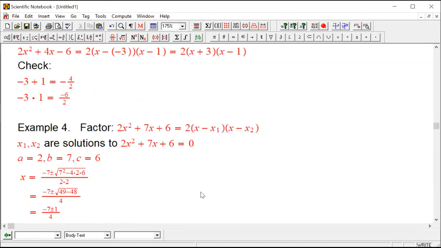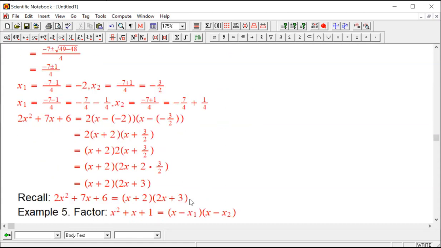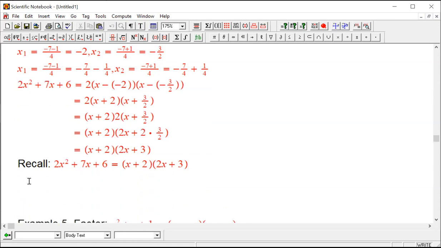So now, number 4, does it work? If we check this relationship, x1 is negative 2, right? So this is negative 2. X2 is negative 3 over 2. On the right-hand side, hold on, this will be minus, okay?